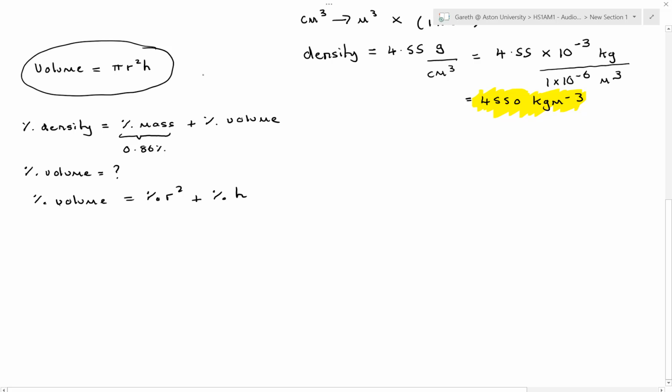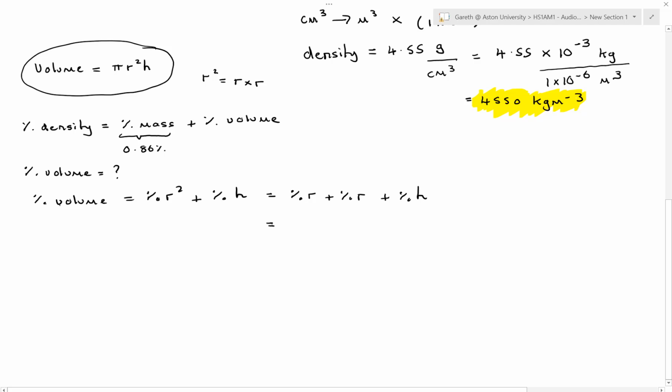But as r squared is simply r times r, it's still multiplying. So the percentage uncertainty in r squared is simply the percentage uncertainty in r plus the percentage uncertainty in r again, plus the percentage uncertainty in h. Now we have all of these values.